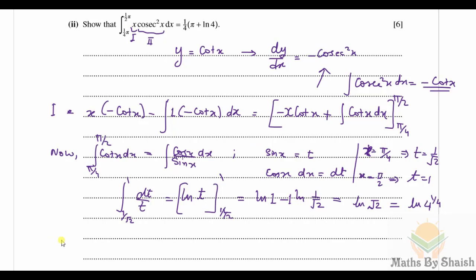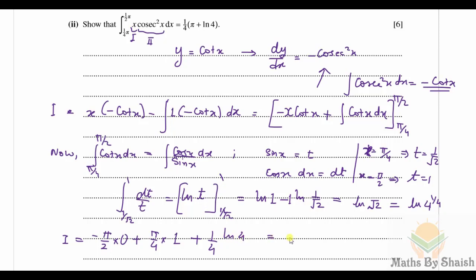So from here, if we replace it, we will get I is equal to upper limit, so it is going to be minus pi by 2 into cot of pi by 2, it is 0, minus the lower limit, and minus minus is plus, lower limit is pi by 4 and cot pi by 4 is 1, and plus the integration within this limit, it is going to be 1 by 4, because ln a to the power b is b ln a, so it is ln 4.